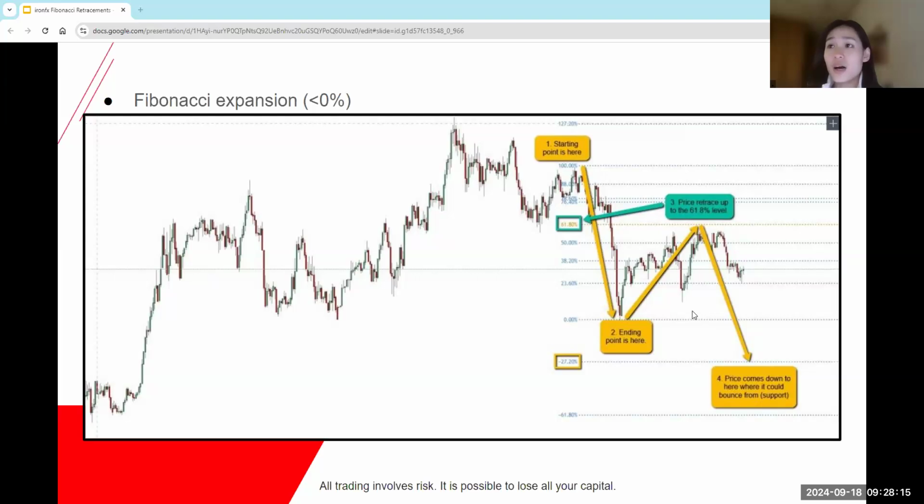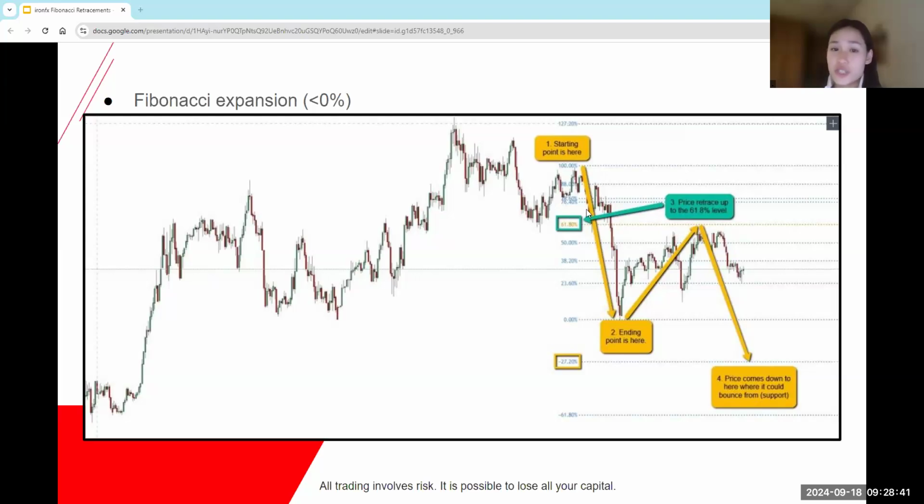Okay, so projections are a different tool, so we'll get into that in our last part of our Fibonacci series. But for this one, you can see I've placed it just at the first arrow, and I'm kind of projecting where price is going to move towards. So it's bounced off the 0%, bounced off the 61.8.